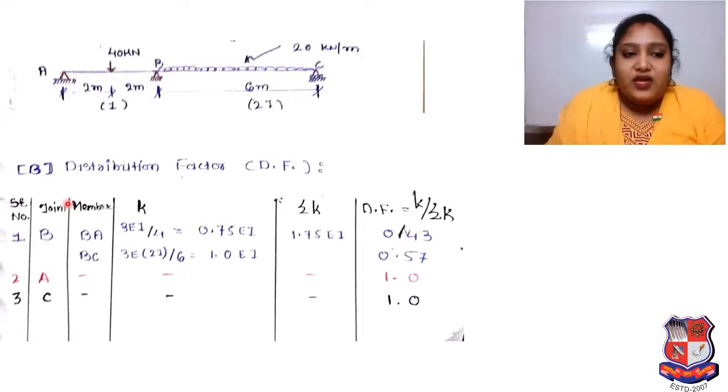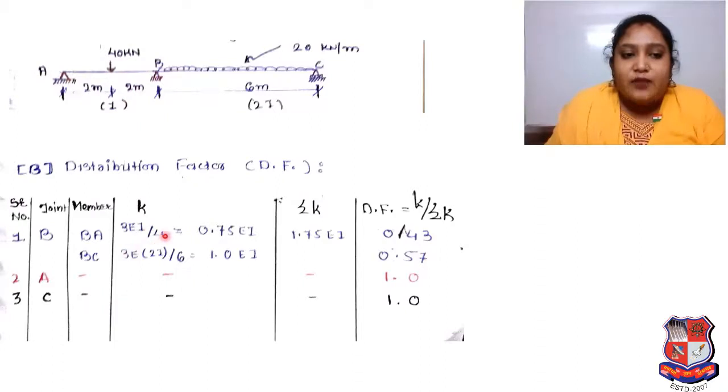Why B and C? Because here there is a connection of other members. Other members are joined at the B junction. So at joint B, the members will be BA and BC. As per the stiffness we discussed over here, the stiffness for the BA portion will be 3EI by L. This L is 4 meter.